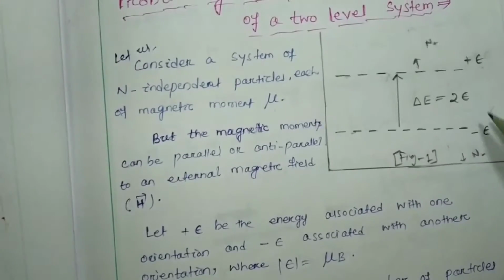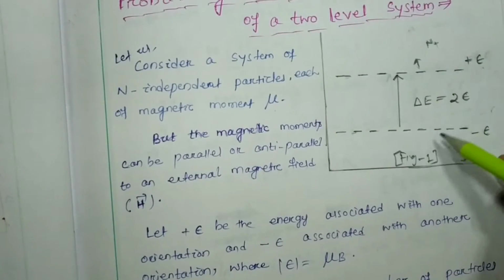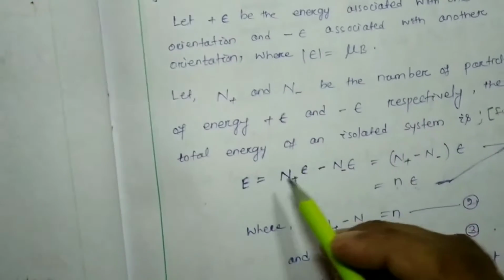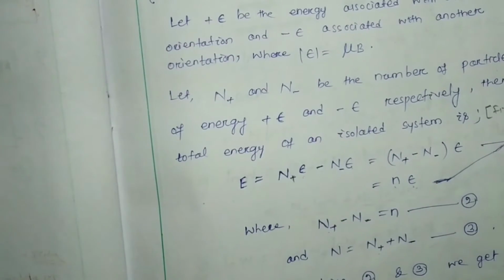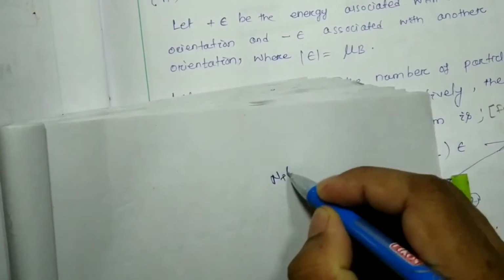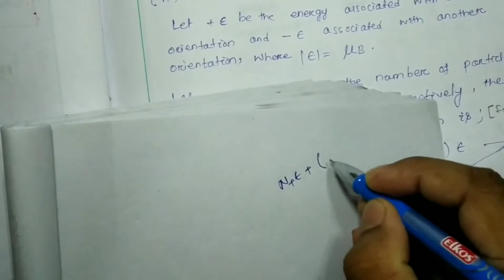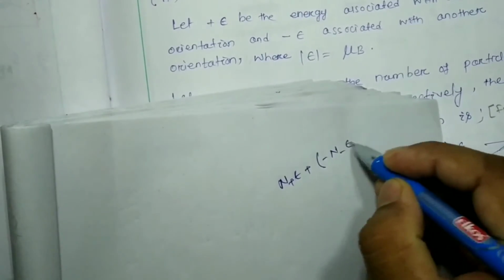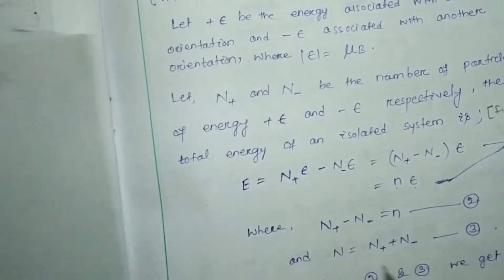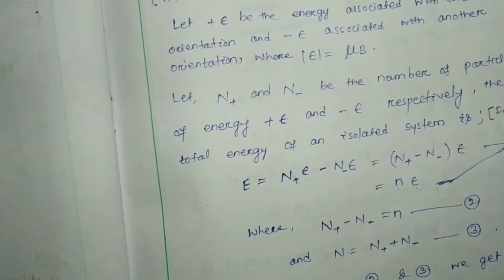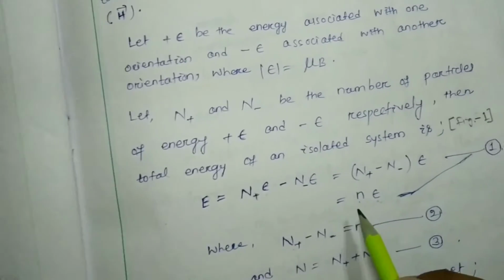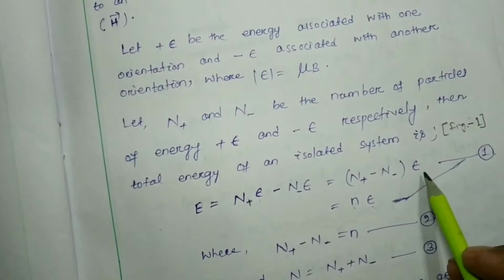So the total energy of the whole system having two energy levels is N plus epsilon minus N minus epsilon, which equals (N plus minus N minus) into epsilon.